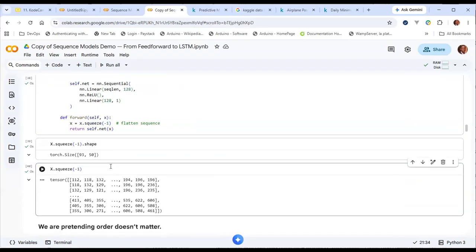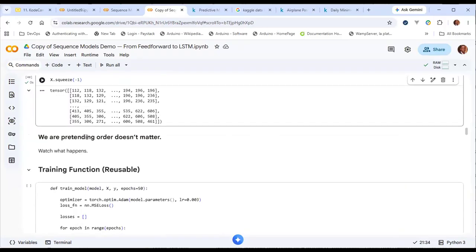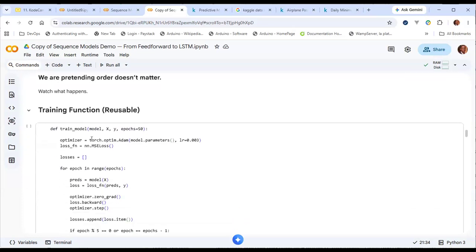When we squeeze x to minus 1, we basically get the sequences. So we have 93 sequences of length 50. Each sequence has a fixed length of 50, in other words 50 months, corresponding to the number of passengers for that month.